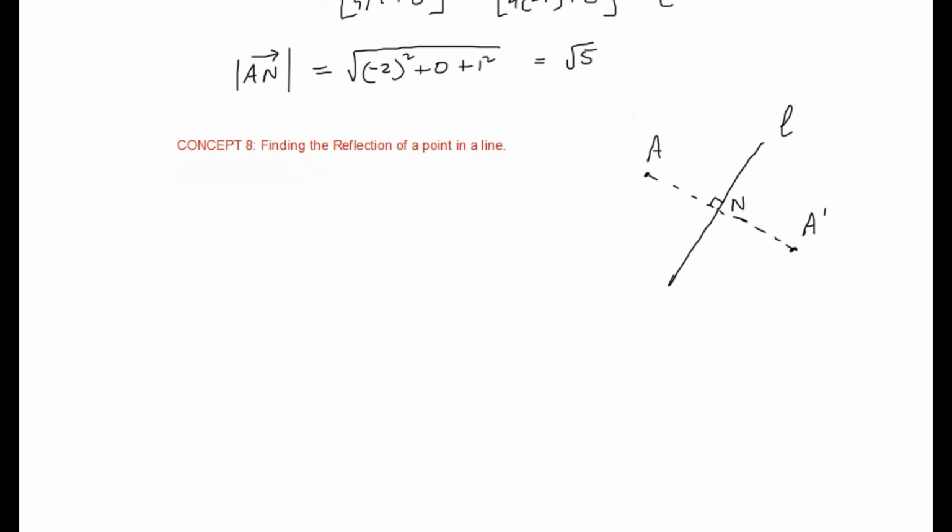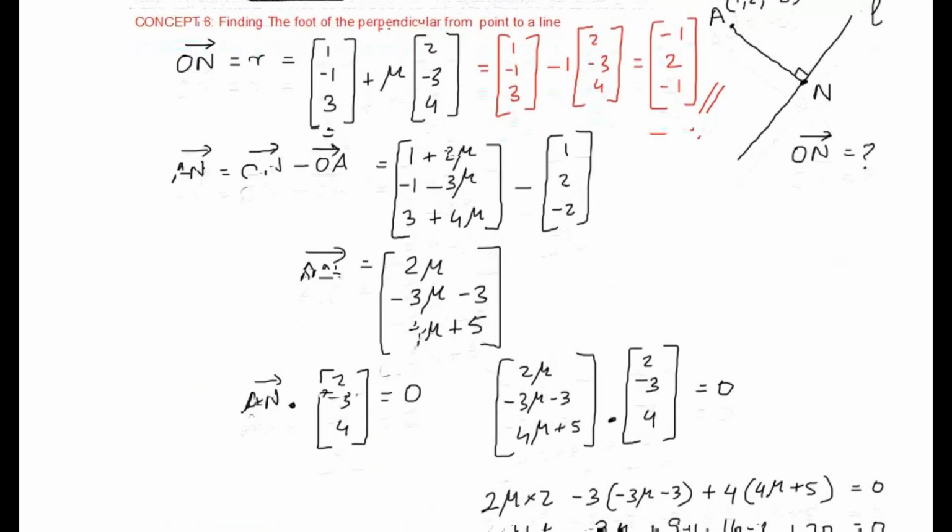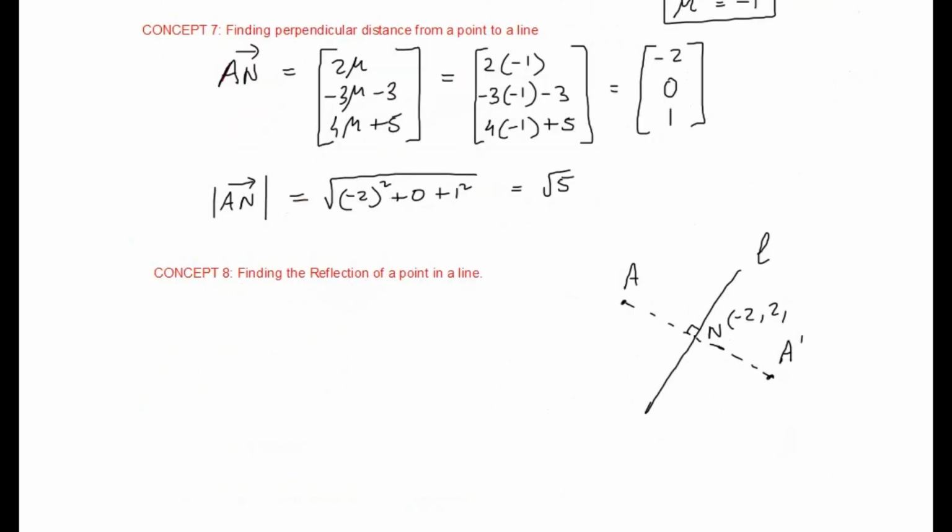Now we already know the position vector of N, we know ON, right? ON was negative 2, 2 and negative 1.